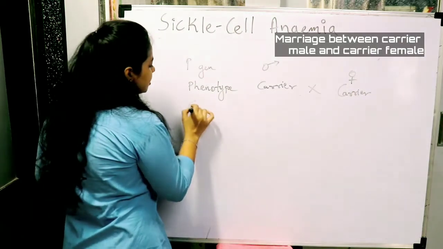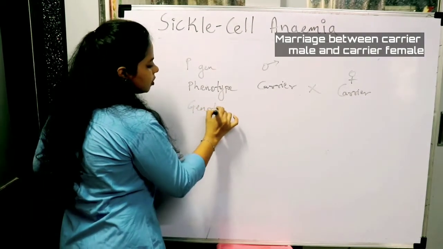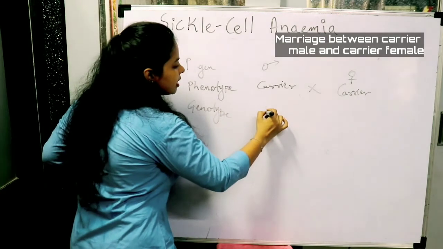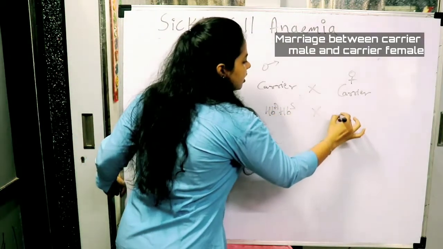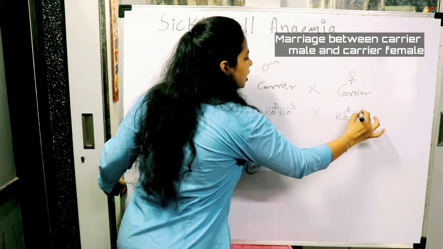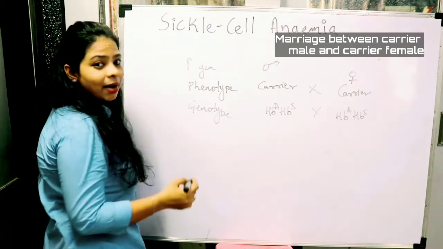The genotype is HBA HBS crossed with HBA HBS. Now what gametes will be produced?